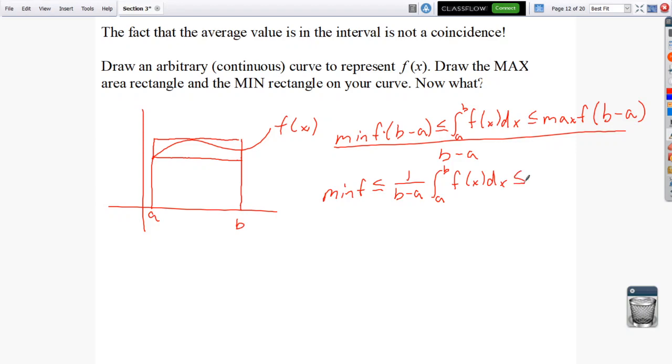And it is going to be less than or equal to the max of the function. As long as this function is continuous, I'm going to guarantee that at some point on this interval, I'm going to achieve the average value.